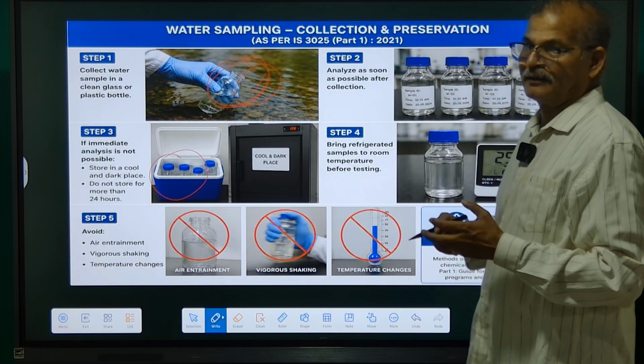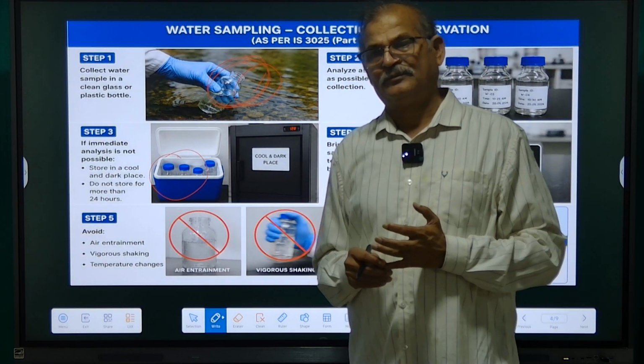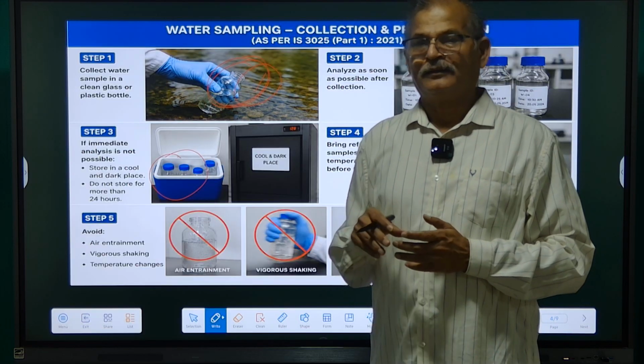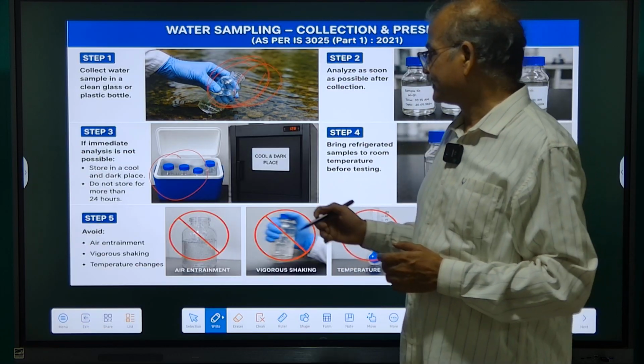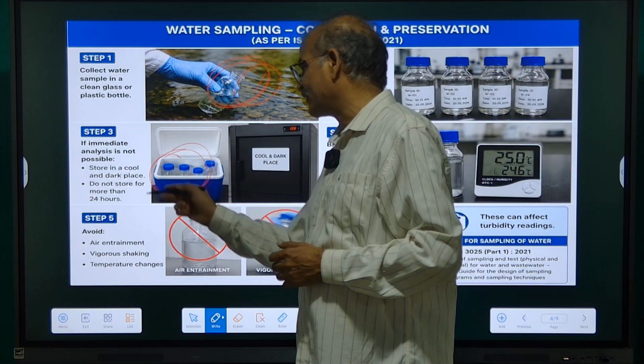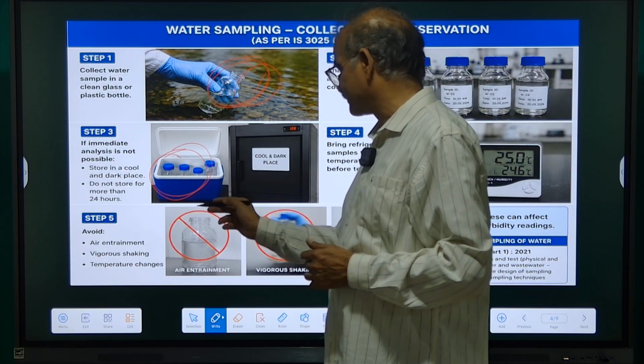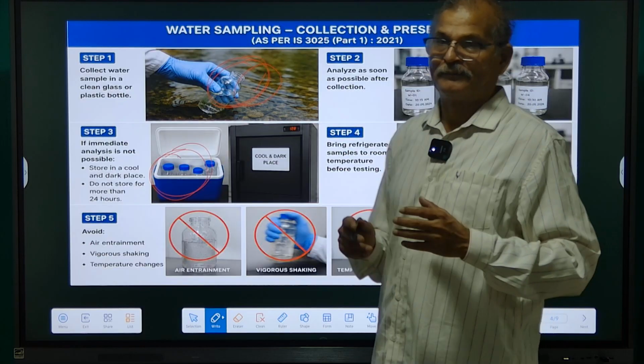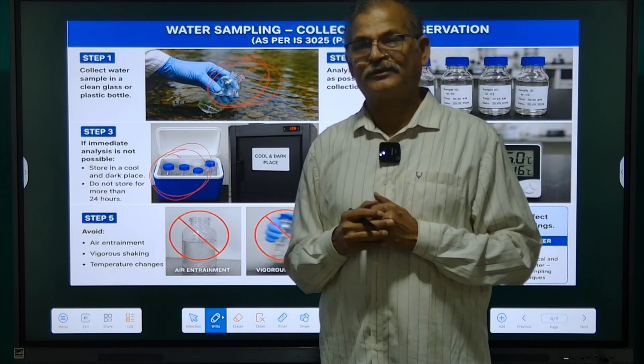If we are taking 5 to 6 samples from the same source, then we should label the time and the ID number. Then we store it in a cool and dark place at 25 degrees plus minus 3 degrees centigrade, and anyhow it should be tested before 24 hours pass.